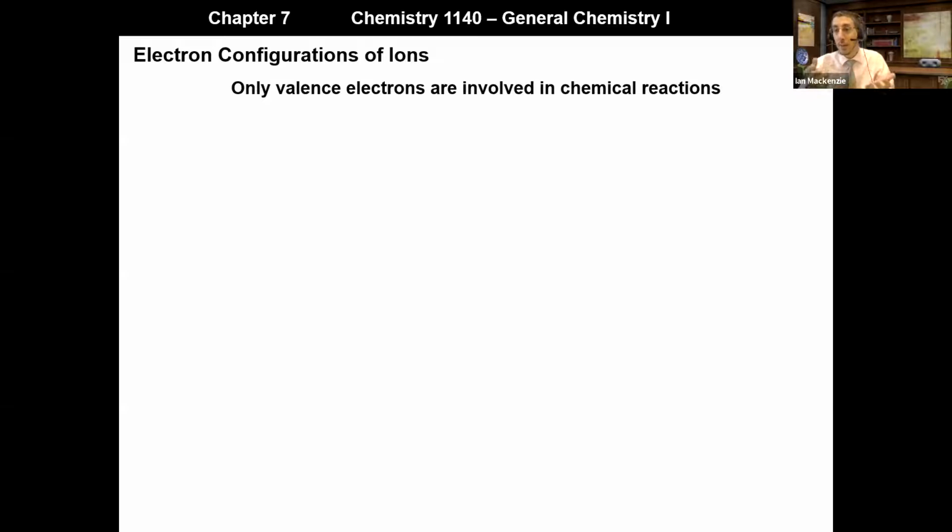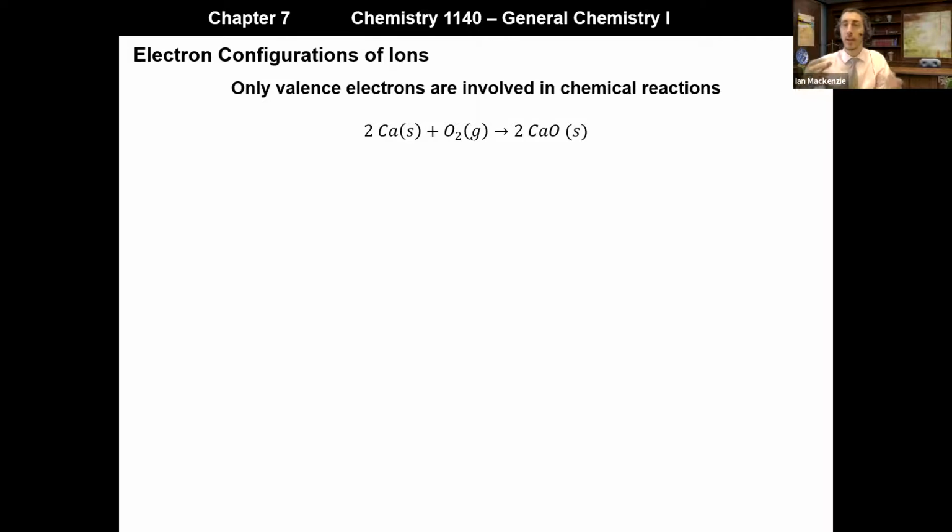And so if an element has the same number of valence electrons as another element, then we could expect that it would behave similarly because it's only the valence electrons that are involved in any of the chemical reactions. This is 99% true. There are rare cases in chemistry where we can encounter uses of core electrons for various purposes, but for all of our purposes, only valence electrons are involved in chemical reactions.